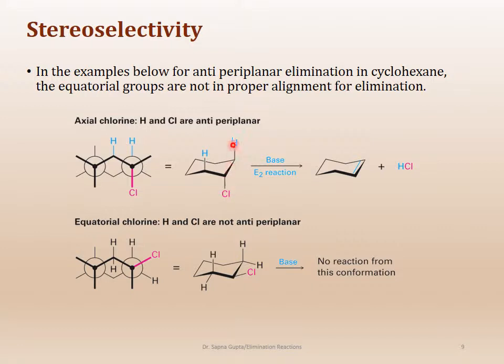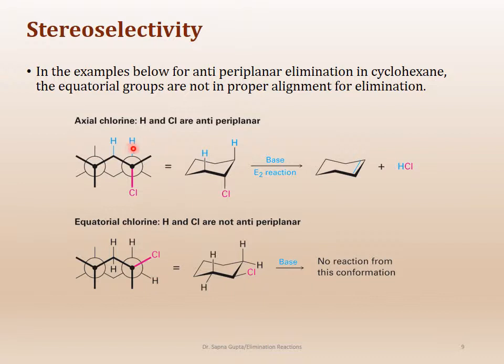If chlorine is going down, hydrogen should be going up, and also axial. So chlorine here is axial going down, hydrogen has to be axial going up, and the other beta hydrogen also axial going up. And so then you get the elimination reaction here. In this case, where chlorine and hydrogen are in equatorial position, there is no reaction because the conformation is not good.